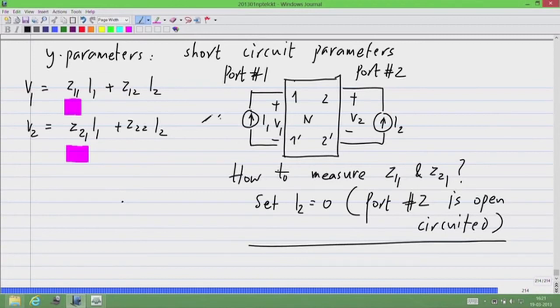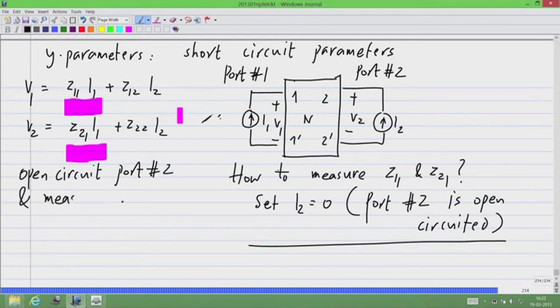So there are some who have responded saying that we have to short circuit the terminals. No, we have to set I2 equal to 0, which means that we have to open circuit port number 2. In that case, we will get only these terms Z11 I1 and Z21 I1 for V1 and V2. Okay. So open circuit port number 2, which sets I2 equal to 0, and measure the voltage across port 1.